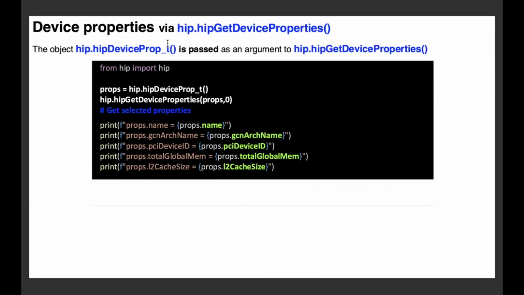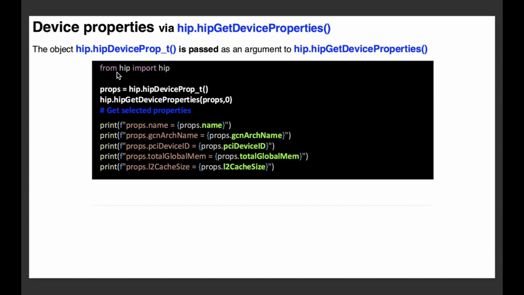This is a function that accepts this object as an argument, and by passing that to the hipGetDeviceProperties function, you can get a selection of GPU properties. Here I have listed a couple of attributes as an example, where we can print them out by running this Python script.